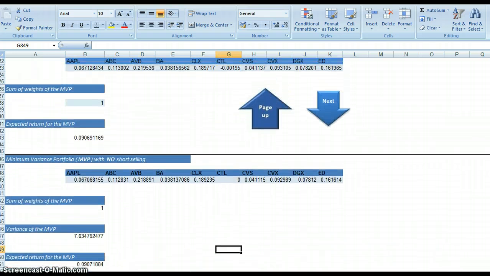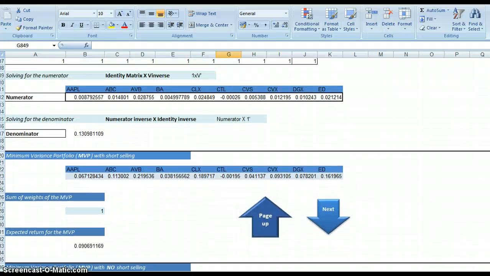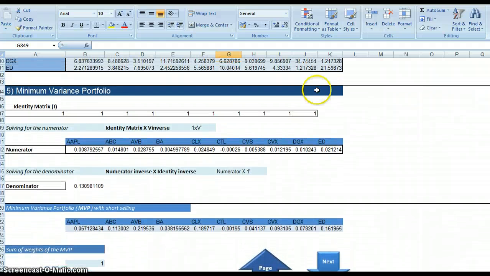So essentially what we need for this is an identity matrix, which is a 1 by 10, so it's going to be the number of stocks and an identity, so everything's 1, multiplied by our V inverse, so our variance covariance matrix inverse.